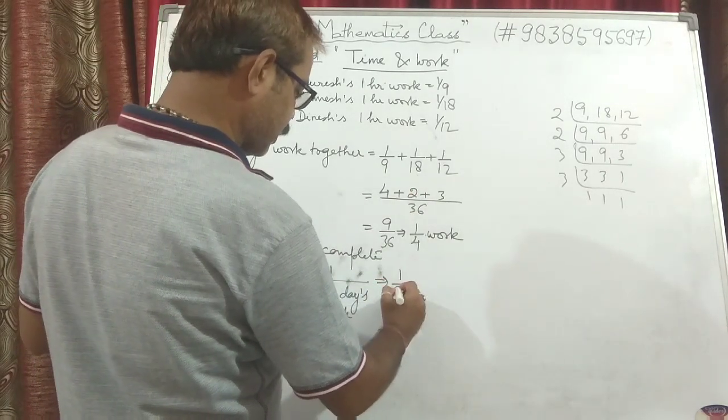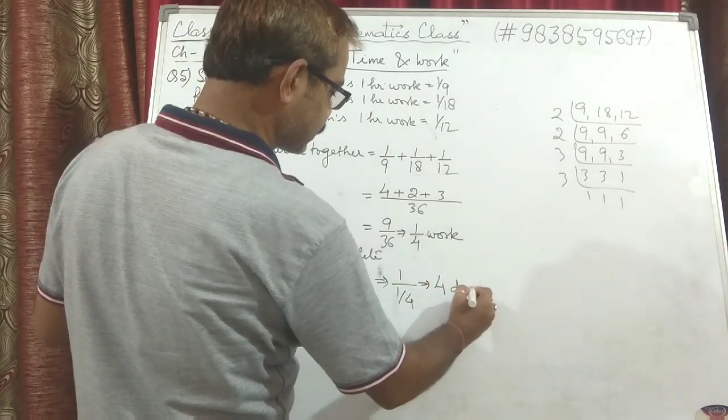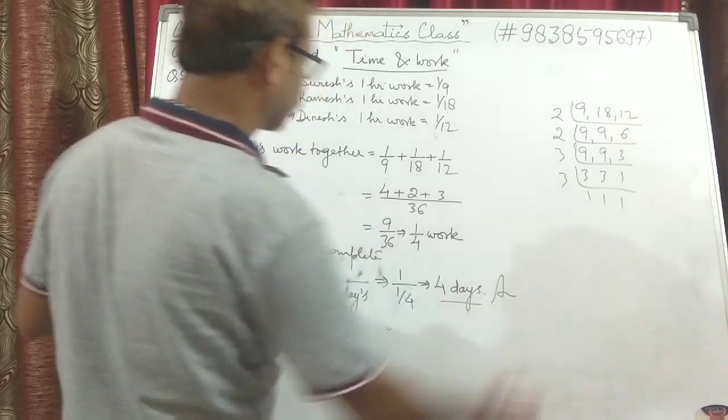So 1 upon 1/4, so 4 comes in the numerator. So in 4 days they will complete the work.